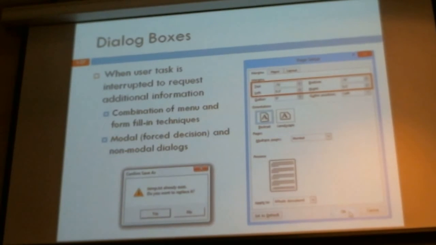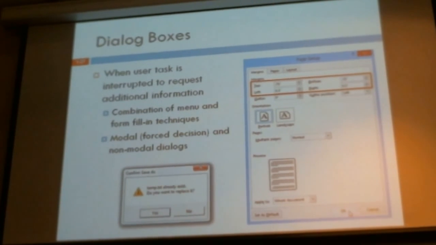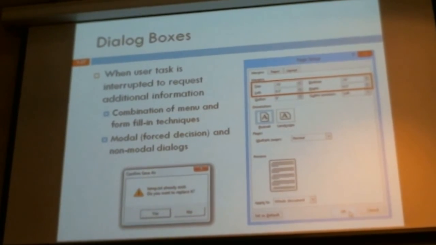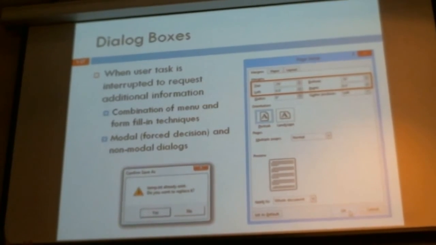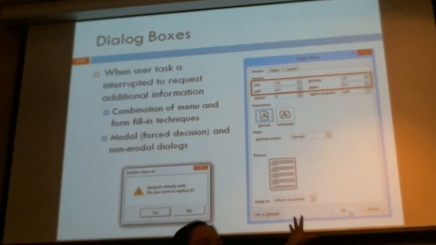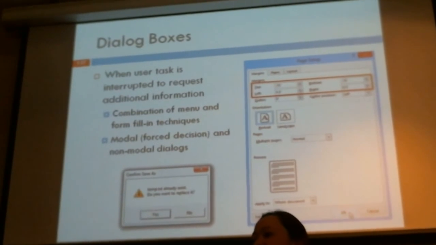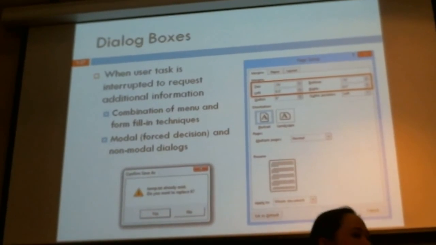There's also dialog boxes. These are appropriate when the user task is interrupted for some reason to request additional information. So this is often when there's an error condition that needs to be dealt with, or when you're doing something that requires more input before you proceed, like printing, right?